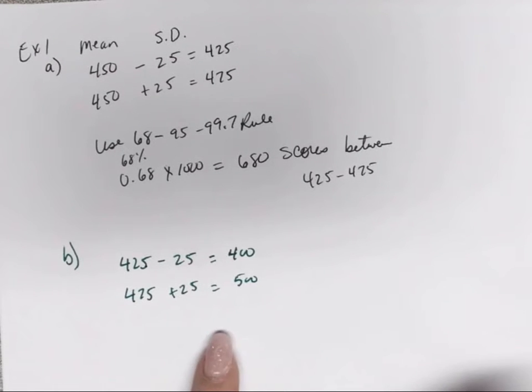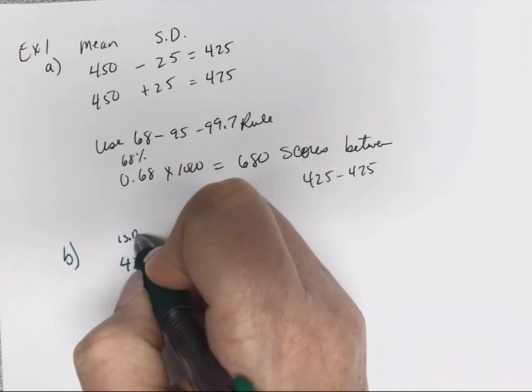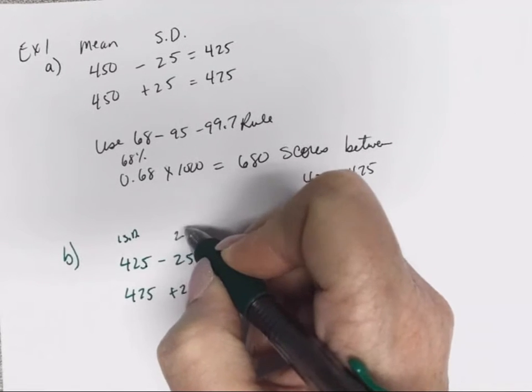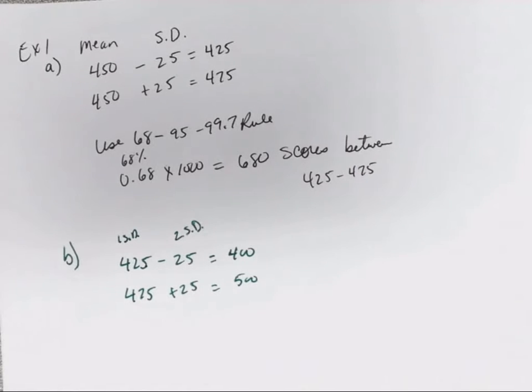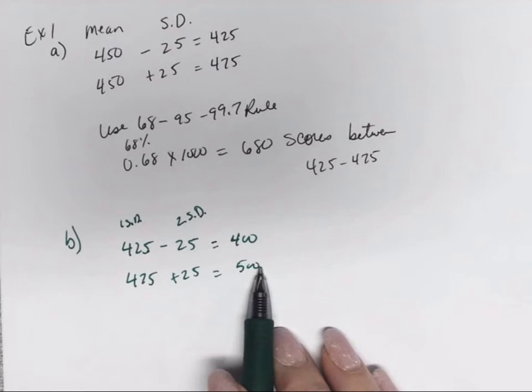So we have a range of values here from 400 to 500 that are 2 standard deviations. So this is 1 standard deviation, this becomes the second standard deviation. So it's 2 standard deviations away from our mean, and we want to know how many fall above 500.